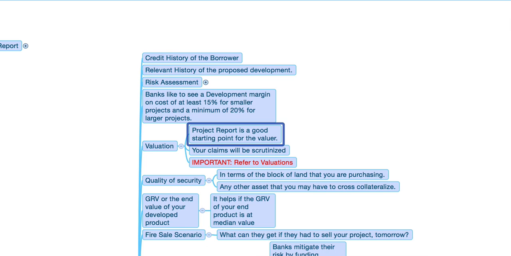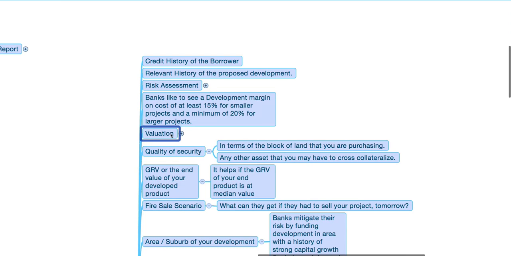I'll explain that in more detail in the valuation module. Whatever you claim to your valuer, he will scrutinize that. Importantly, I'm asking you to refer to the valuation module, because I talk a lot more about valuations in that.